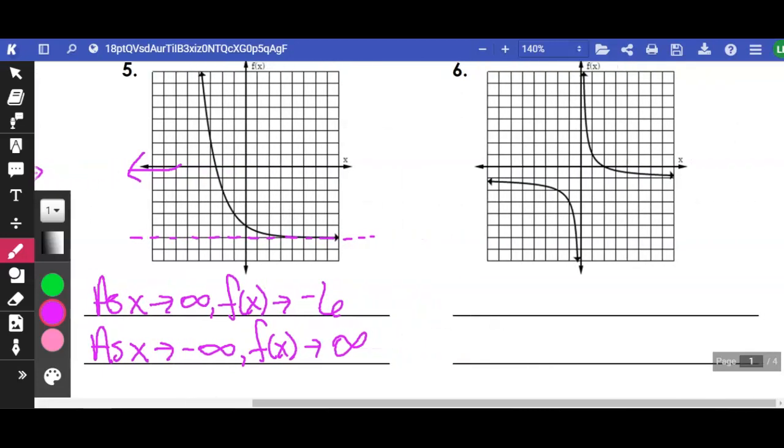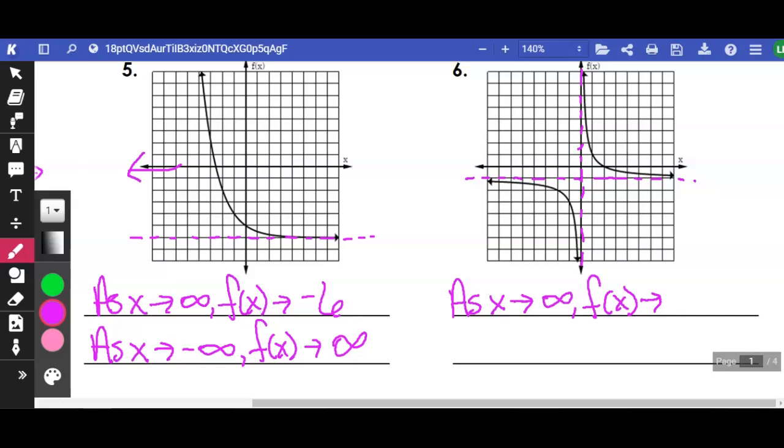On number 6, we have 2 asymptotes. We have a vertical asymptote right here and a horizontal asymptote right here. So our vertical asymptote affects continuity. So this is a discontinuous function because there's a vertical asymptote there. So it has infinite discontinuity. It's not asking me that here, but that vertical one does nothing to end behavior because remember, we don't care about middle behavior, we care about end behavior. So the horizontal asymptote does affect end behavior. So as x approaches infinity, f of x approaches, right?